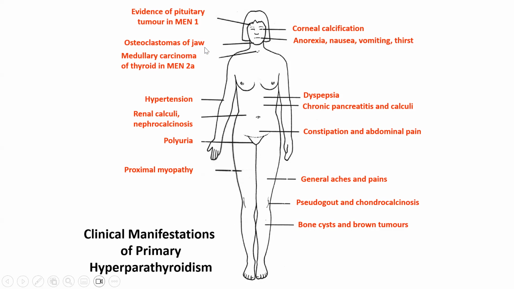I will show you how they look. Anorexia, nausea, vomiting, thirst, some corneal calcifications. And there may be evidence of pituitary tumor if it is part of multiple endocrine neoplasia type 1, or if it is part of multiple endocrine neoplasia type 2A, there will be in addition medullary thyroid carcinoma. So this is a summary of the clinical manifestations of primary hyperparathyroidism.